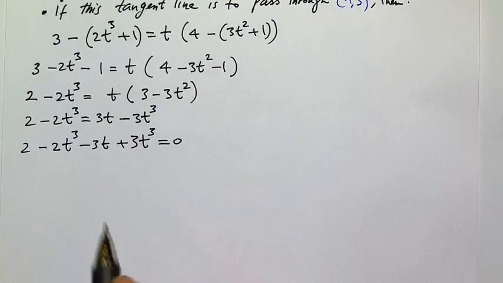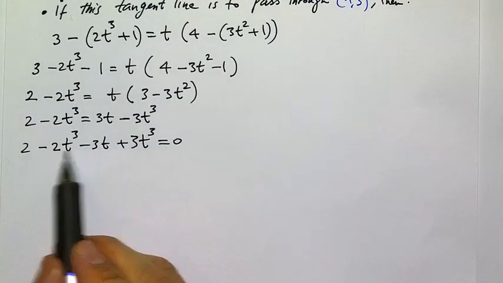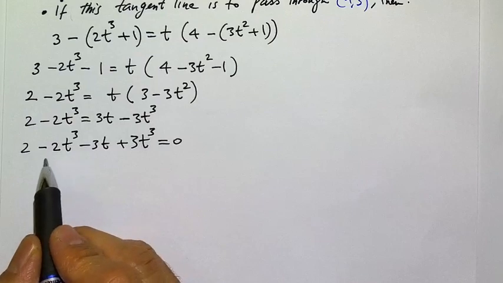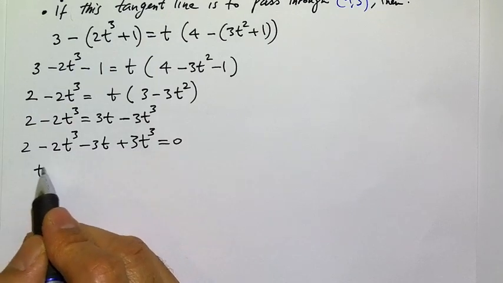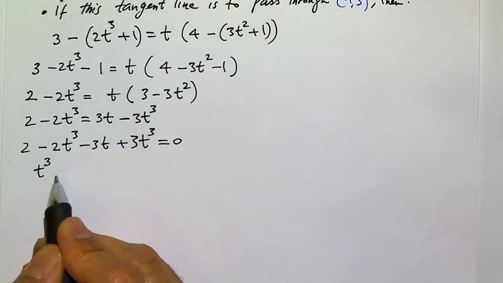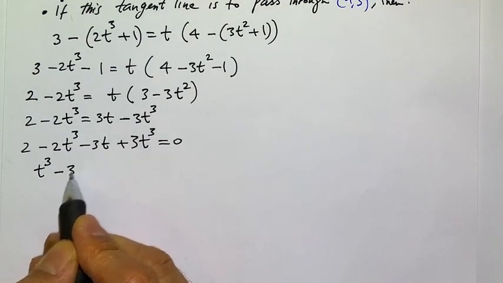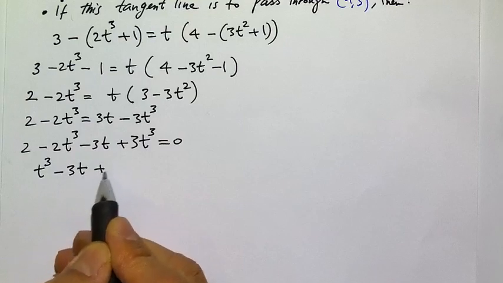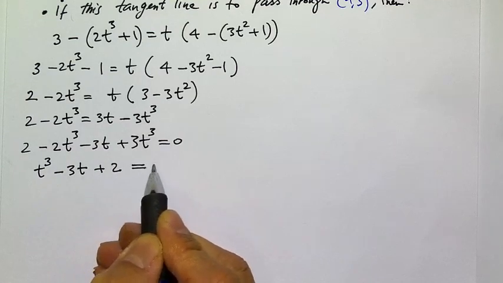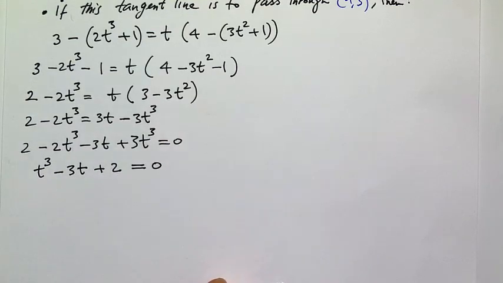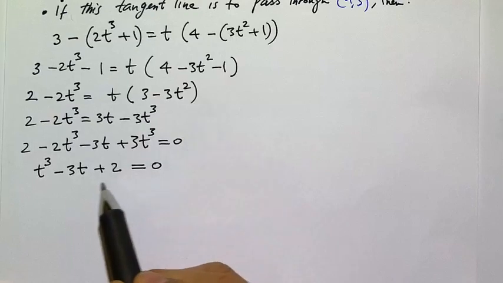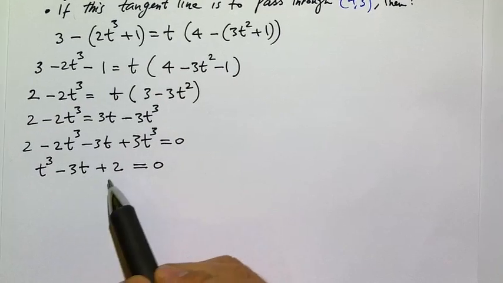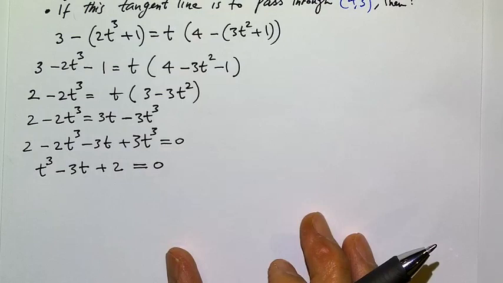Okay, if we simplify, we can simplify these two, right? So we have 3t cubed minus 2t cubed, we have t cubed, and then minus 3t plus 2 equals 0. Okay, so we're going to have to find the t values for which this equation is valid.